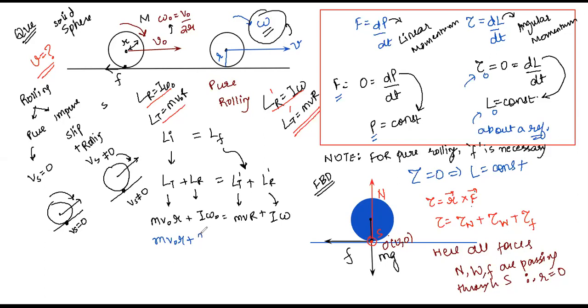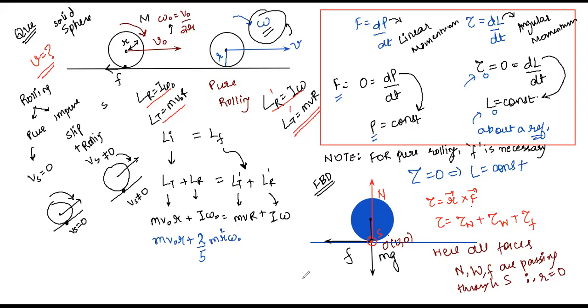I for a solid sphere is 2 by 5 m r square. You don't have to see and tell. Now remember this from now onwards. Although I'm not seeing all of you, I am very much aware of the gestures of students. So 2 by 5 m r square, omega naught, right?